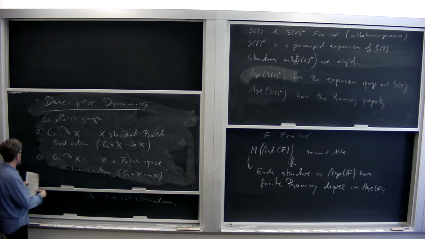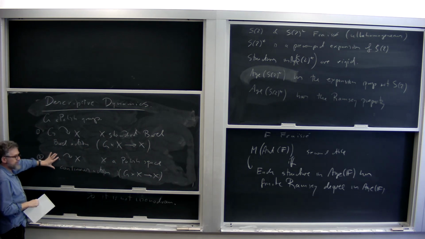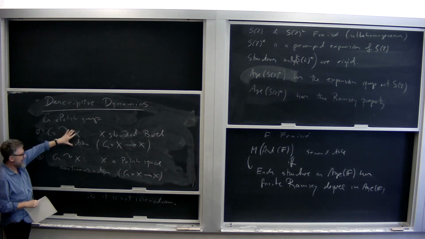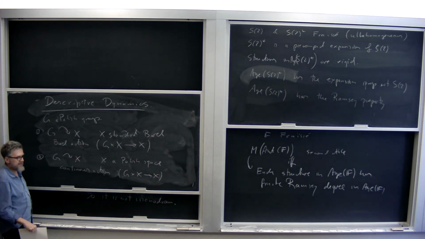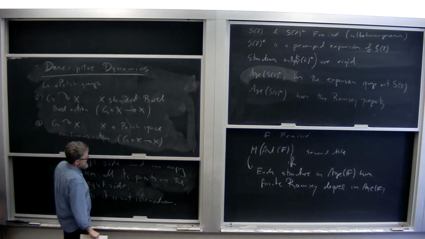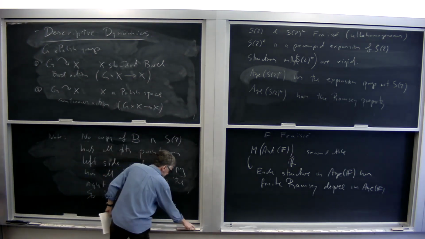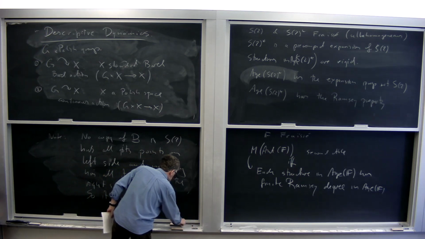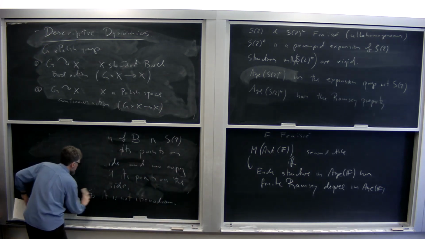And clearly, if I'm here, I can forget some of the structure and get here. I just take the sigma algebra generated by the Polish topology, and I am here. But now, there is this theorem of Becker and Kekris that says that actually you can also go the other way.